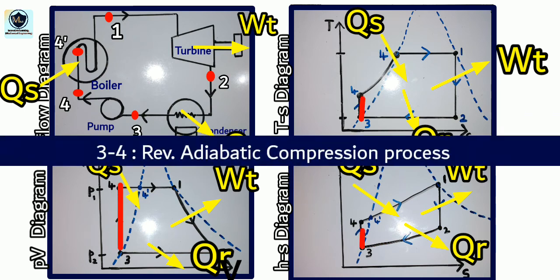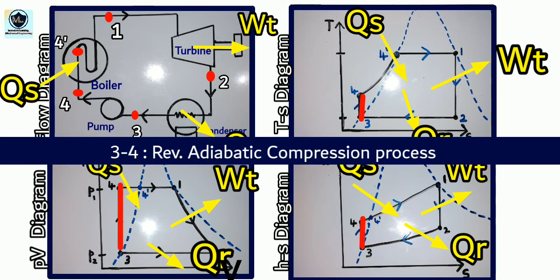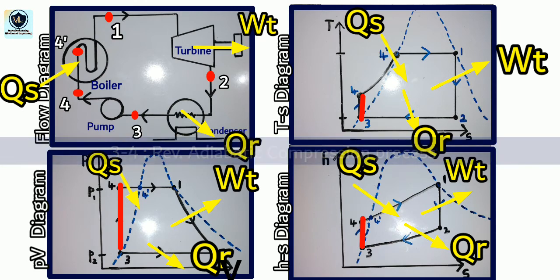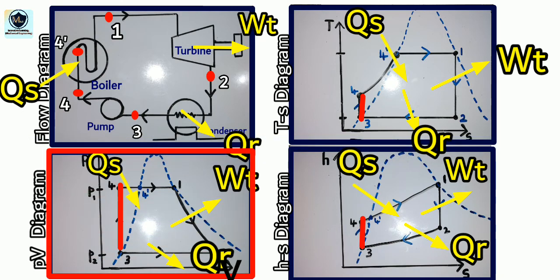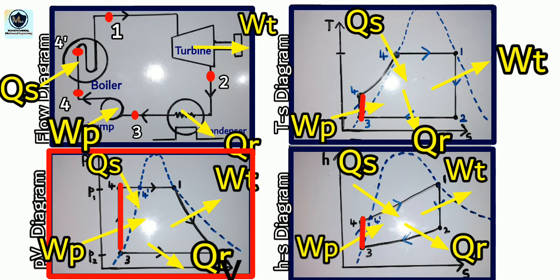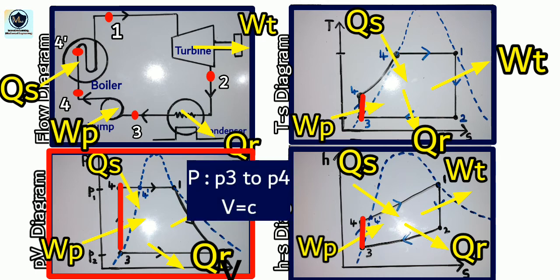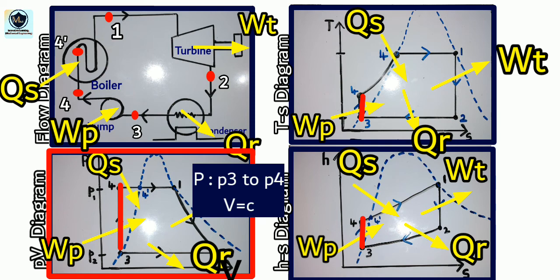In process 3 to 4, that is reversible adiabatic compression process or an isentropic compression process, if you see PV diagram, work is supplied to the pump, that is pump work. Here pressure rises from P3 to P4 and volume remains constant, that is V3 equals V4.